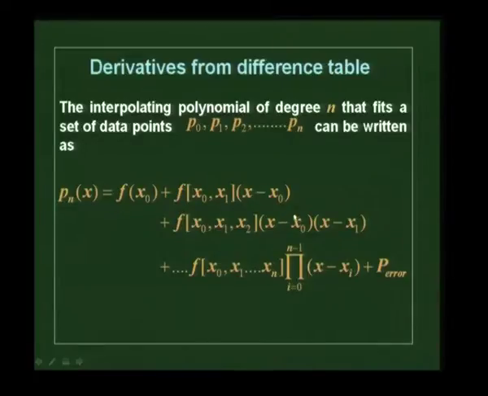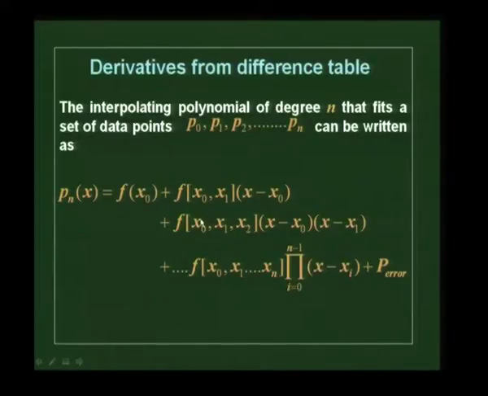The advantage of writing it in Newton's form is that the coefficients of these terms, that is f of x0 x1, f of x0 x1 x2, the coefficients of the terms of order 1, 2, etc., can be constructed rather easily from a difference table. So, it is an algorithmically efficient way of doing it.